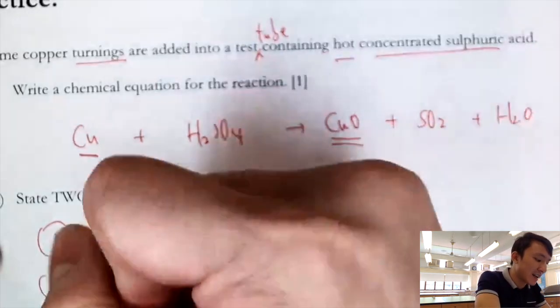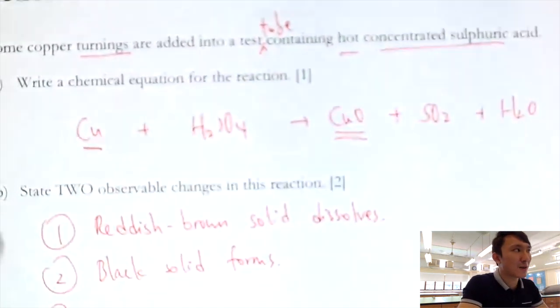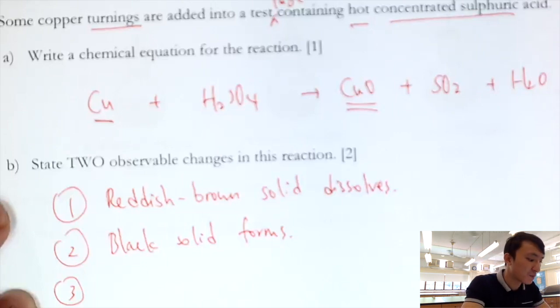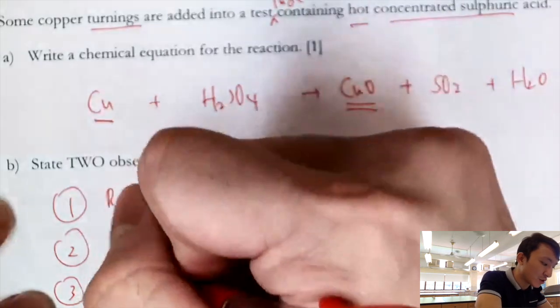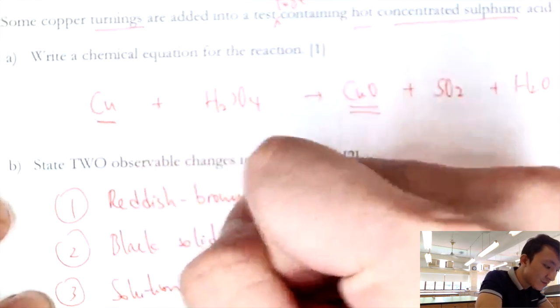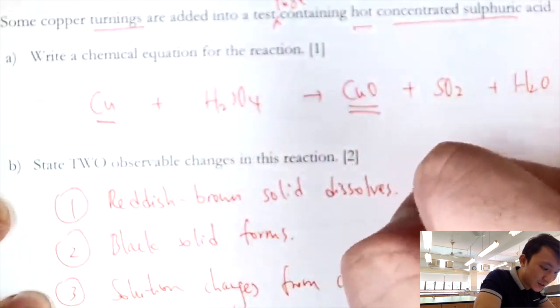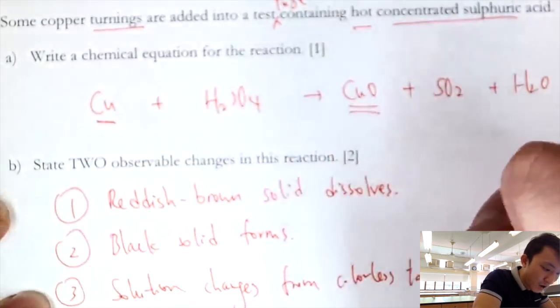But you can also say that because still some copper 2 sulfate will form, which dissolves in that very tiny bit of water, the solution will probably have a color change. So you may also say that the solution changes from colorless to pale blue.